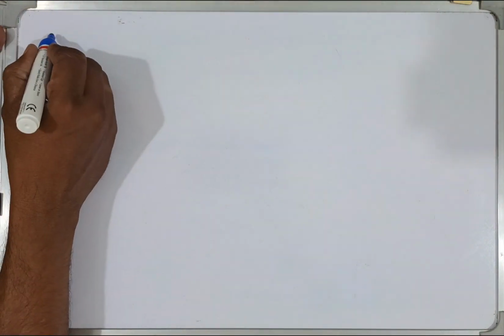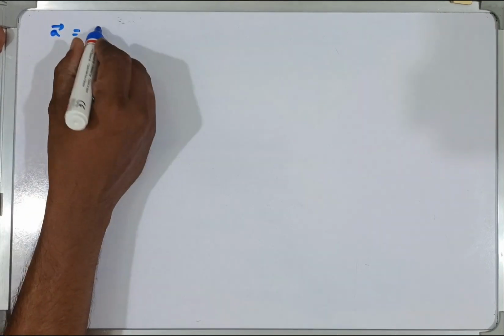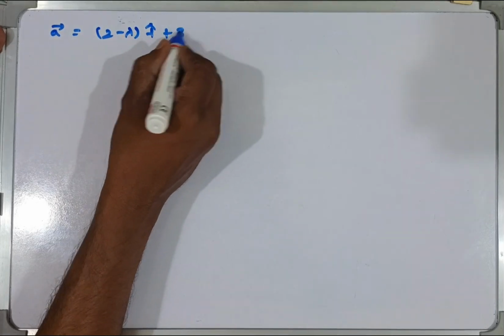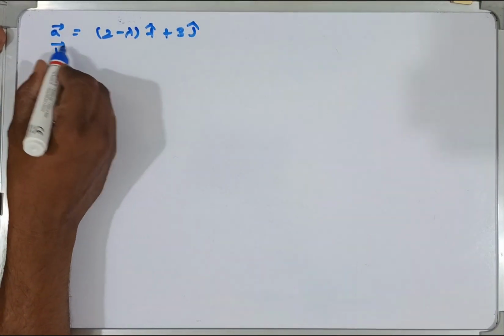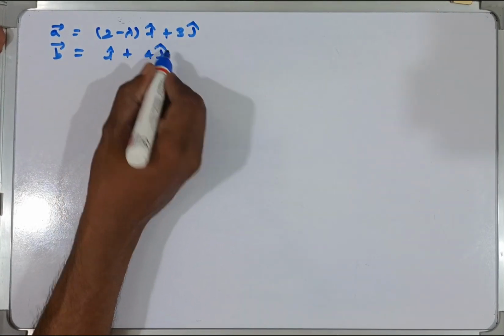Suppose here vector A equals (2 minus lambda) i plus 3j, and vector B equals i plus 4j.